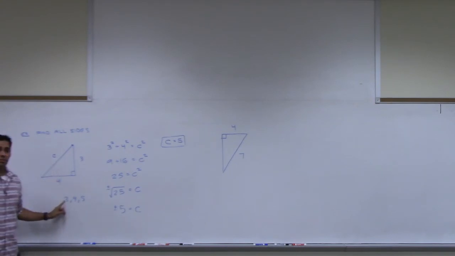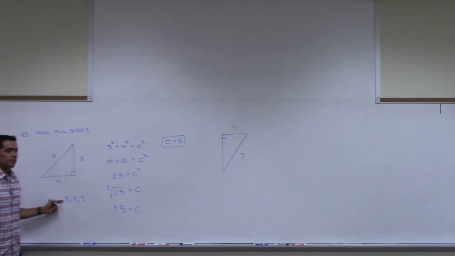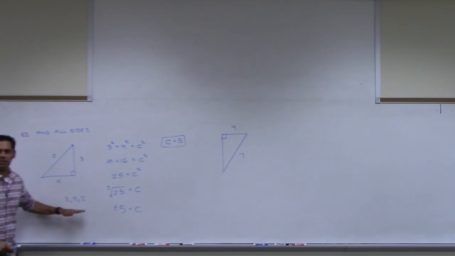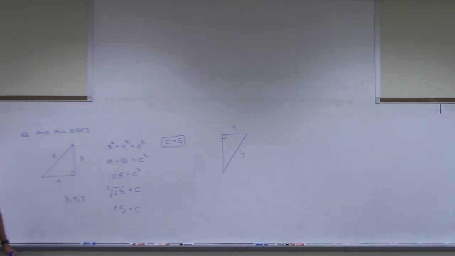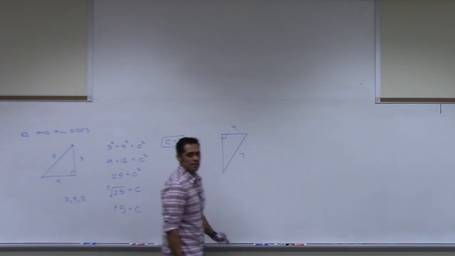And they're all integers. 3 is an integer, 4 is an integer, 5 is an integer. If you have integers here and they satisfy the Pythagorean theorem, then these are called Pythagorean triples. Just FYI, you can just Google Pythagorean triples and it'll bring up a list of all the Pythagorean triples. This one over here is not going to give us a Pythagorean triple because one of the answers will not be an integer. That's going to be a decimal.